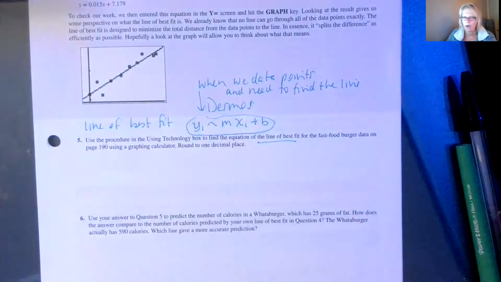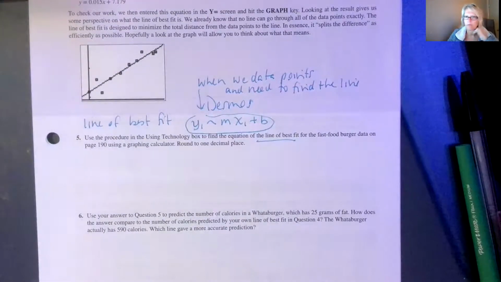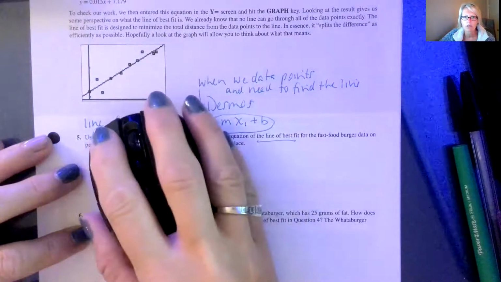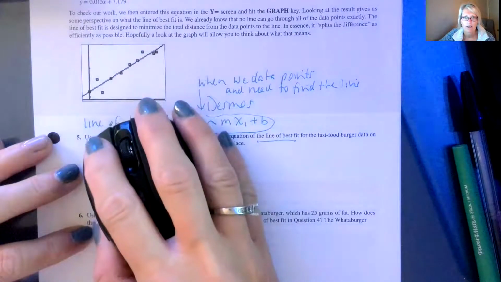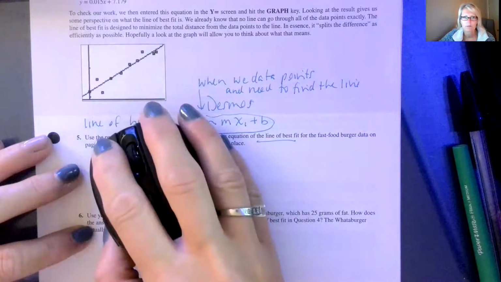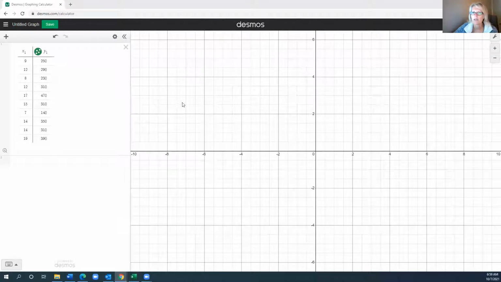So I'm going to go to Desmos here to share with everybody how to do this. And here is my Desmos.